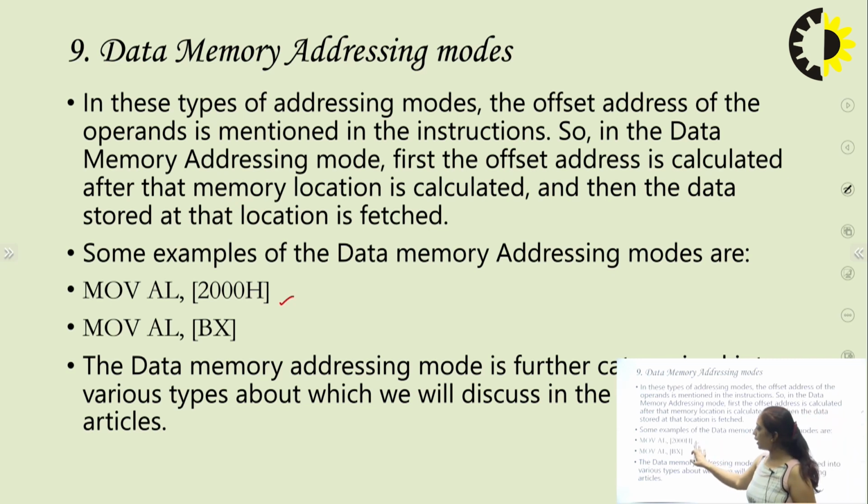The data present at this address will be copied to AL. Then for BX, whatever offset value is present in BX, we will calculate the physical address, and the data present at that will be copied to AL. In both cases, a byte movement will take place.